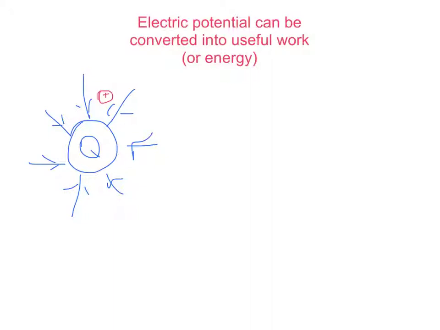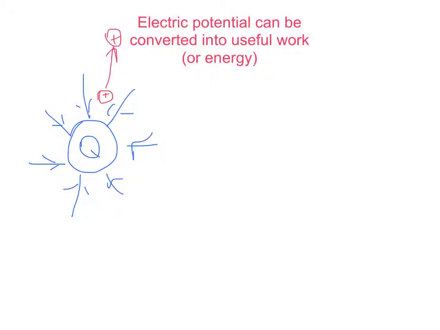So now if I have a Q, a charge there, and it's negative because the electric field lines are pointing in towards it, and I have a positive charge out there, in order to lift it, I have to do some work. So to lift it to there. Now I've lifted it to a point where it has more potential energy. It's electric potential energy. It's farther away from the charge.